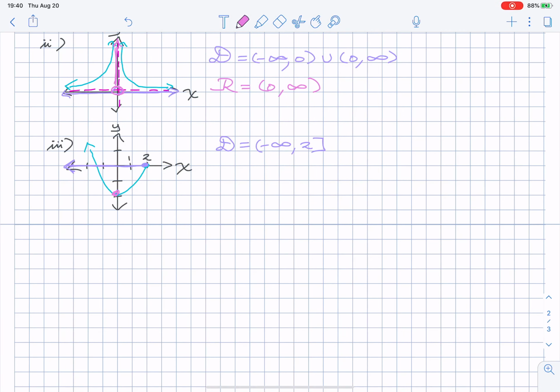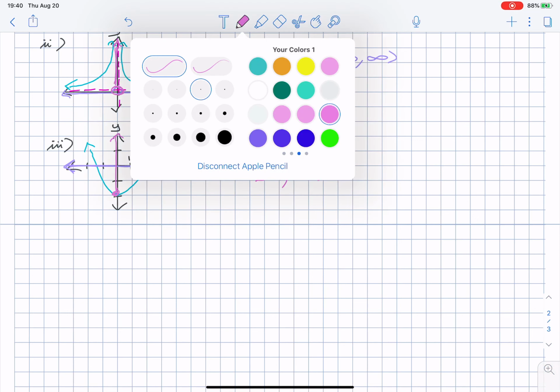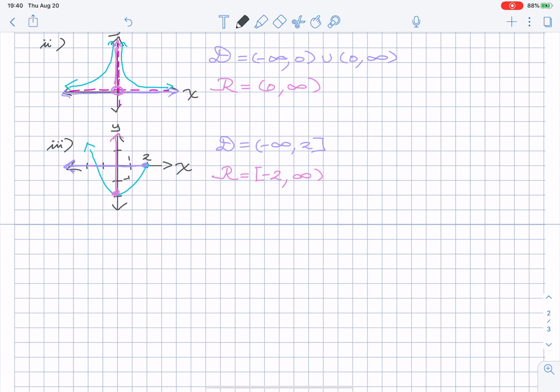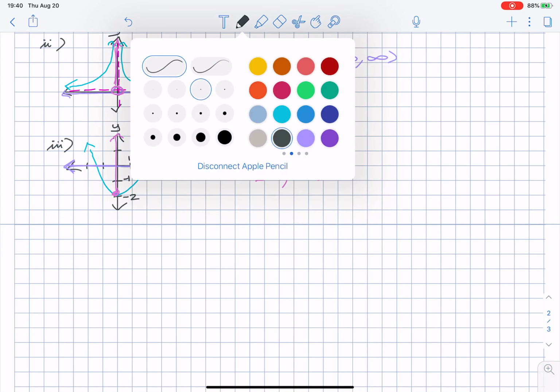I'm solid here at negative 2, but then because of the arrow, it's going to go upwards forever. So the range starts on the y-axis at negative 2 with a solid dot, but then increases forever. So this was negative 1 and negative 2 on the y-axis. Hopefully this is making sense.